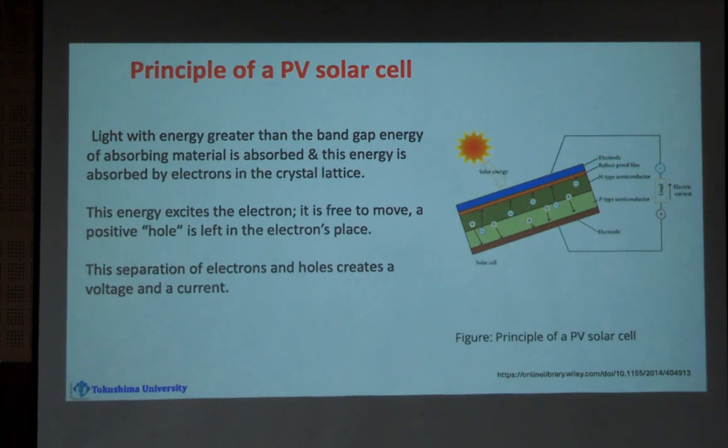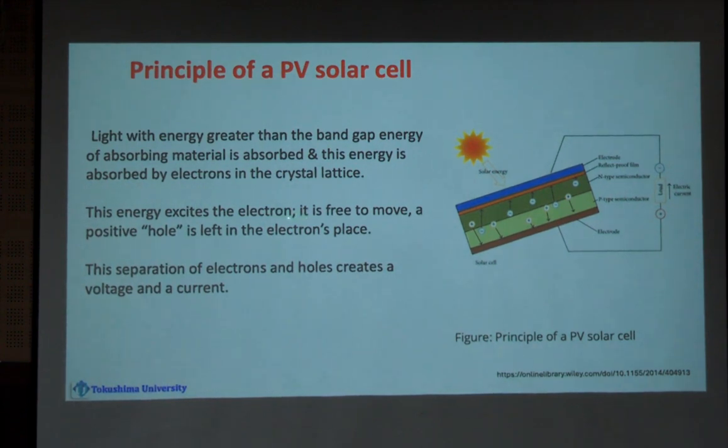So light is falling on the solar cell. How does this process occur? I told you voltage is created across the P and N junction. Once the light has certain energy, it passes to that PN junction and creates the voltage. This energy is absorbed by whatever solar material is used, for example silicon; the silicon crystal absorbs the energy.